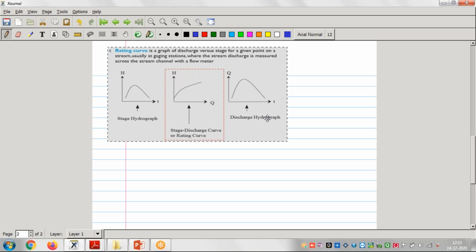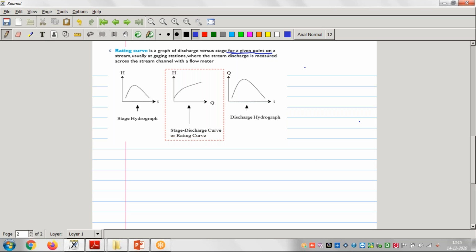See here, what I told you. This is a graph of discharge versus the stage for a given point on a stream, usually a gauging station, where the stream discharge is measured across the stream channel with a flow of water.